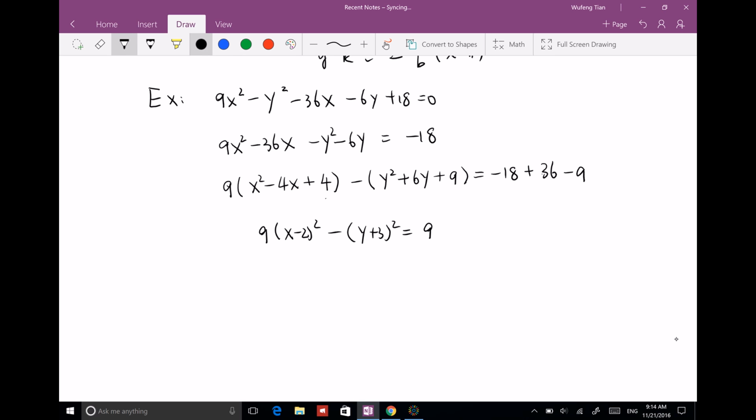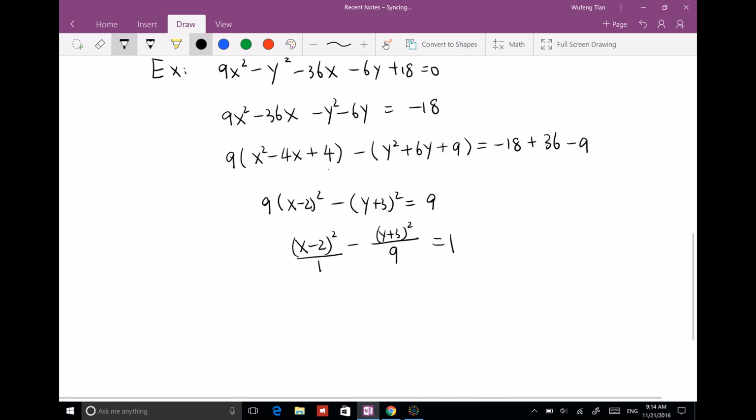So the function is going to be, what do we do next? (x minus 2) squared over 1. Very good. Minus (y plus 3) squared over 9. Now what is the center? Our center is going to be (2, negative 3). Okay, what are the vertices?